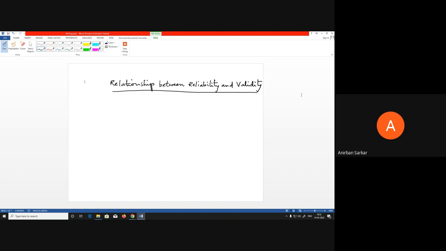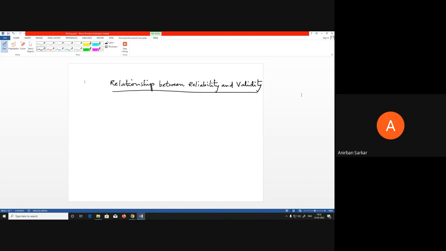Say I am a macho man, a tough, rough man, and when I am choosing a brand of cigarette, I am using Marlboro. If I use, say, Gold Flake Light, it does not match, it is not congruent with my personality. So then the nomological validity is hampered.